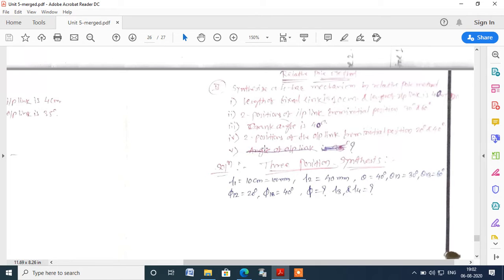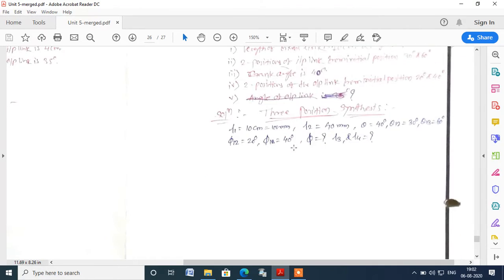Then next, the crank angle is given as 40 degrees. Next data, two positions of the output link from the initial position are 20 degrees and 40 degrees. So these are the given data and we have to synthesize this 4-bar mechanism using the relative pole method.